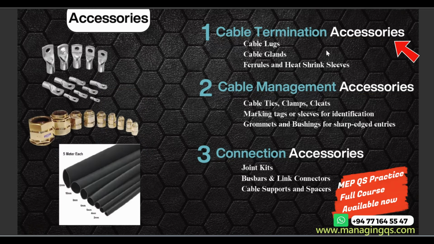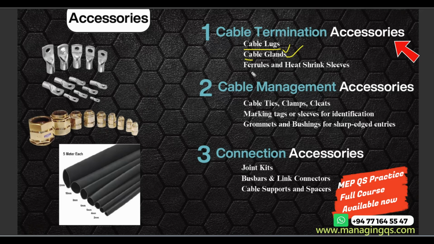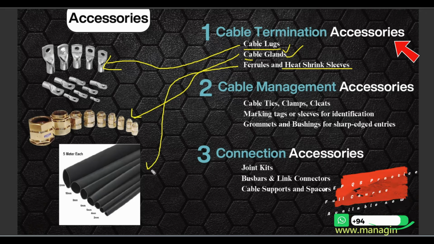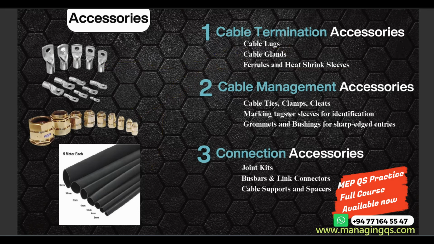The first one is cable termination accessories. We can just remind these things: cable lugs, cable clamps, and also heat shrink sleeves. These pictures look like this: cable lugs, cable clamps, and also the heat shrink sleeves. So the pictures we always remind you of, you have to know clear pictures of each and every element.